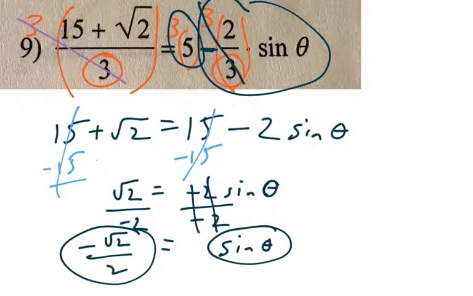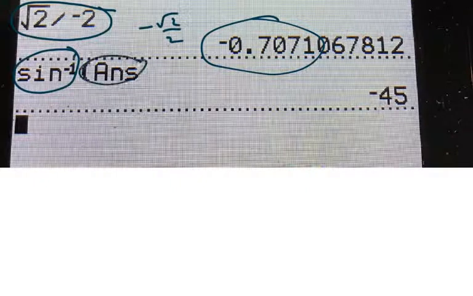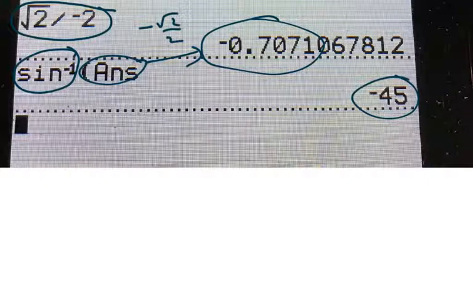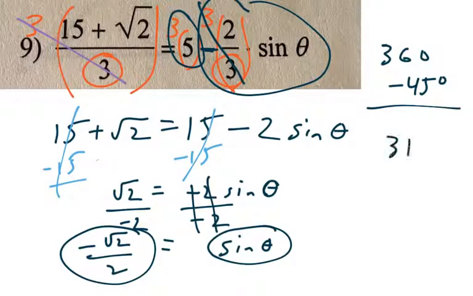Because it was a sine again, we did sine inverse of our answer right there. We got negative 45. So let's think about this. We know one of our answers is negative 45, but we want a positive angle, not a negative. So what do we do? Let's add 360 to it. One of our answers is 315 again. Now, where else is sine negative?